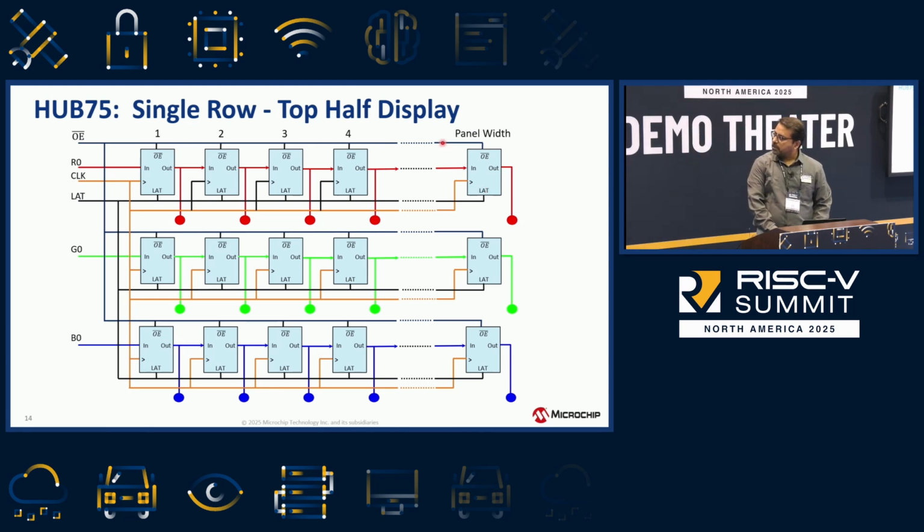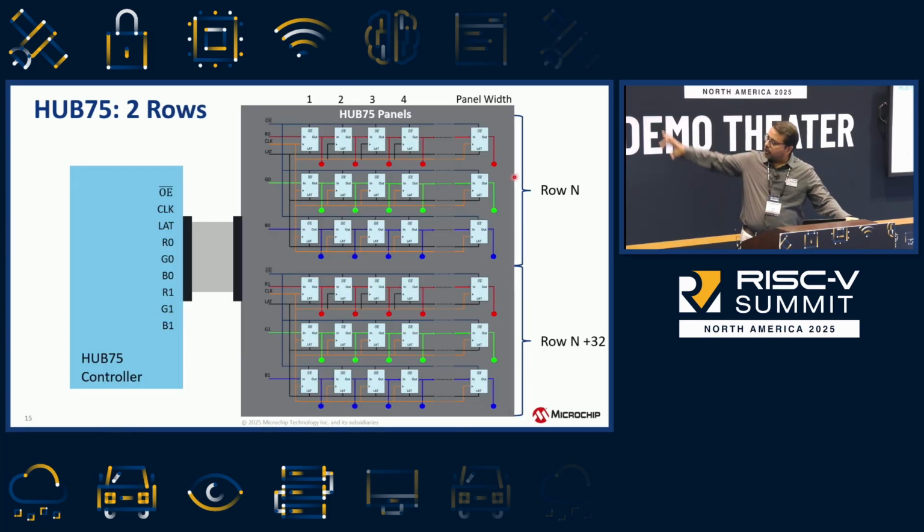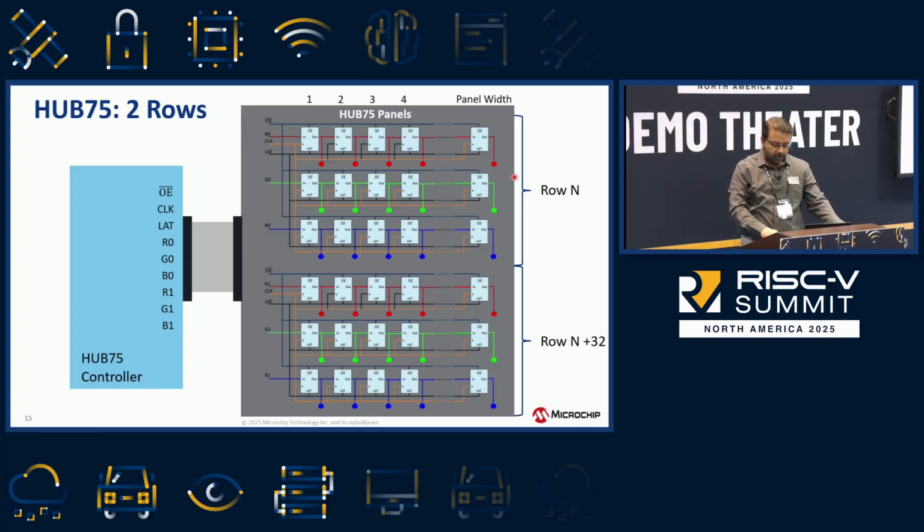Each panel here is 64 bits wide, so 64 LEDs form this shift register. In an actual panel, there are obviously 2 sets of them, one on top and one on the bottom, so 2 sets of shift registers implement the top half and the bottom half.